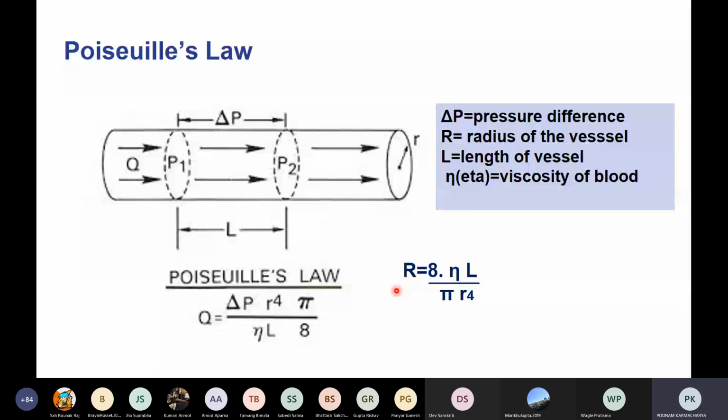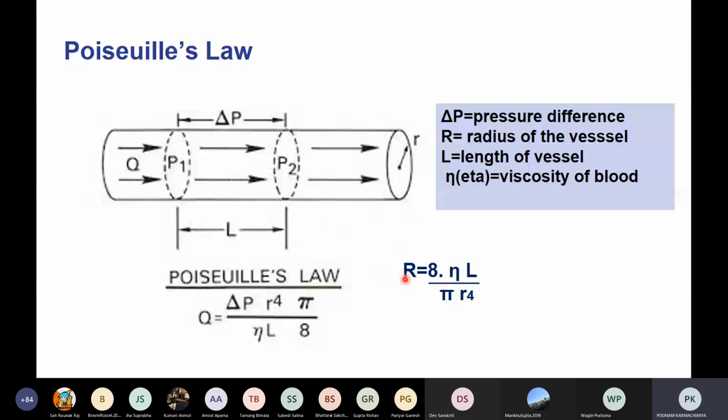Now, here one more thing is important, which I've already mentioned earlier also. Whenever there is decline in hematocrit, like in case of anemia, viscosity will decrease. Now, when the viscosity decreases, resistance will also decrease. And when the resistance decreases, flow will be increased.